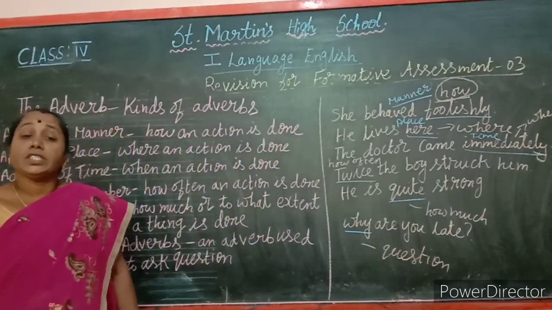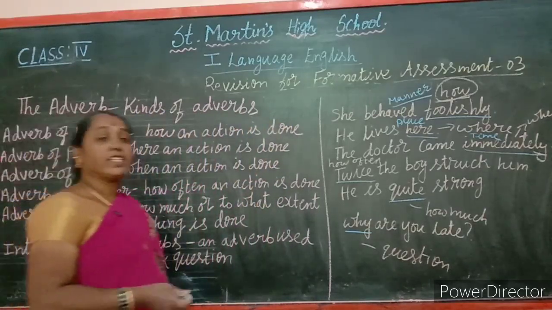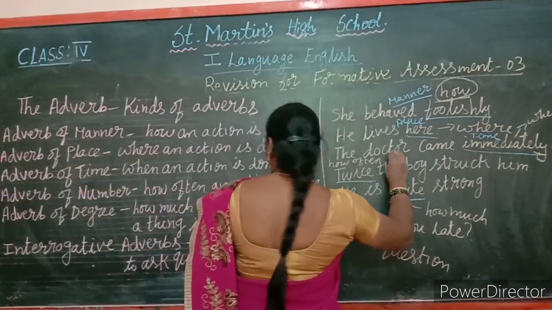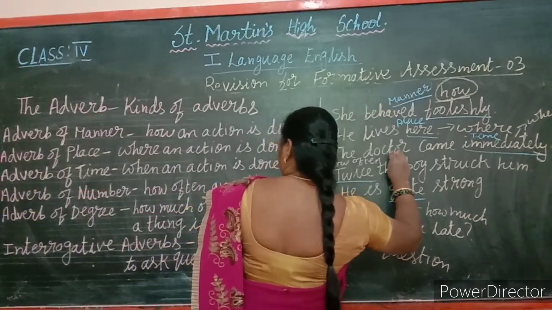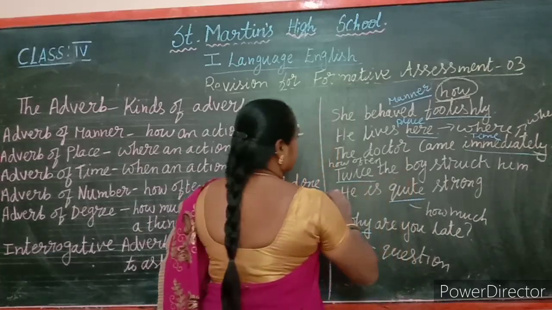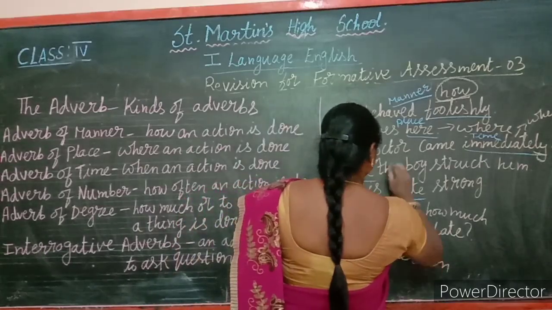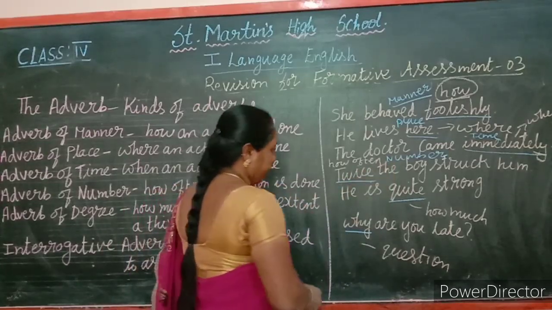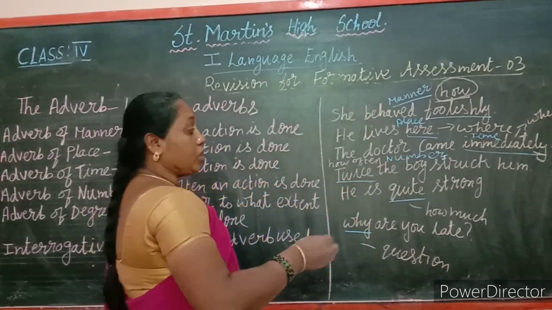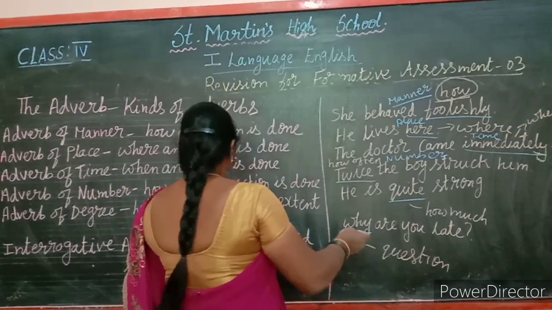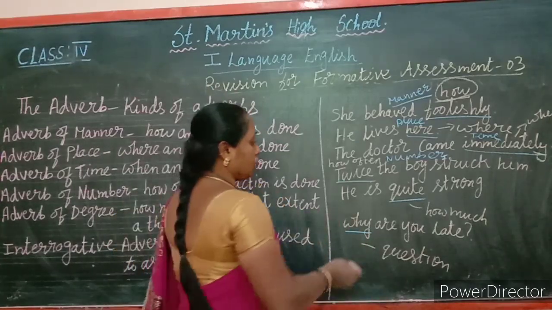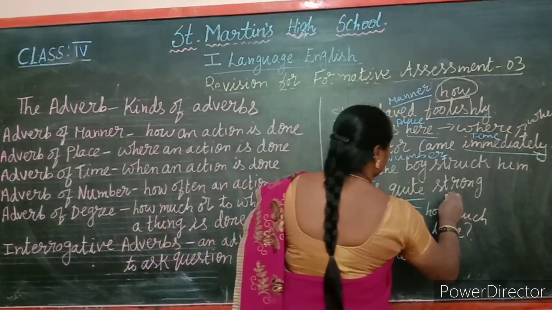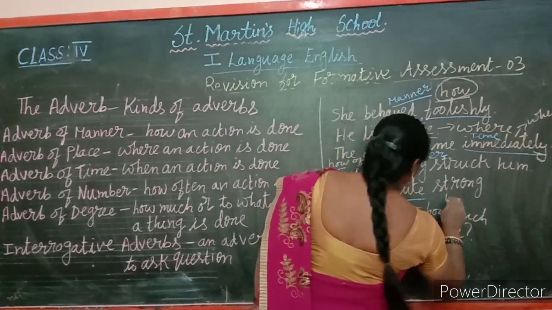If an adverb tells you how often the action is done, then you call it adverb of number. If it tells you how much or to what extent an action is done, quite strong, here it is called adverb of degree.